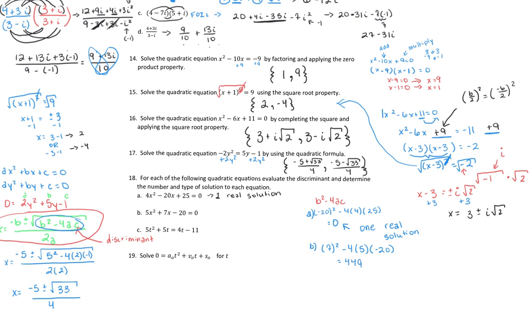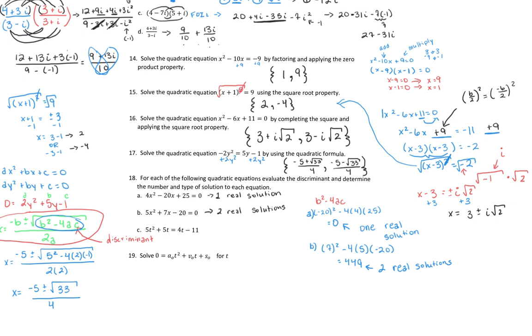So that means when you have it under the square root, you should get a real number. So if you get a positive number under the radical, it means that you will have 2 real solutions. So that means our answer for this B here is 2 real solutions.